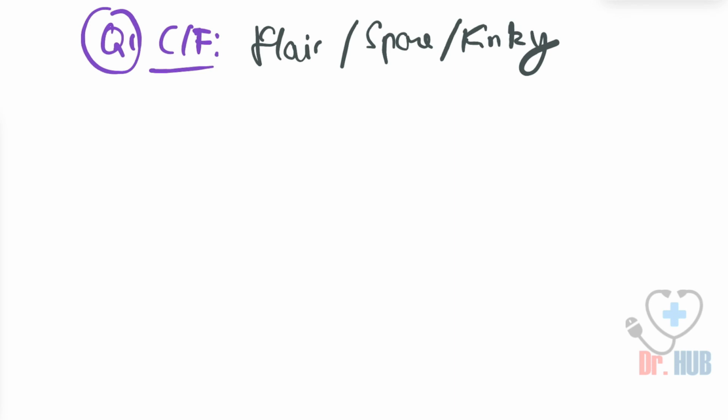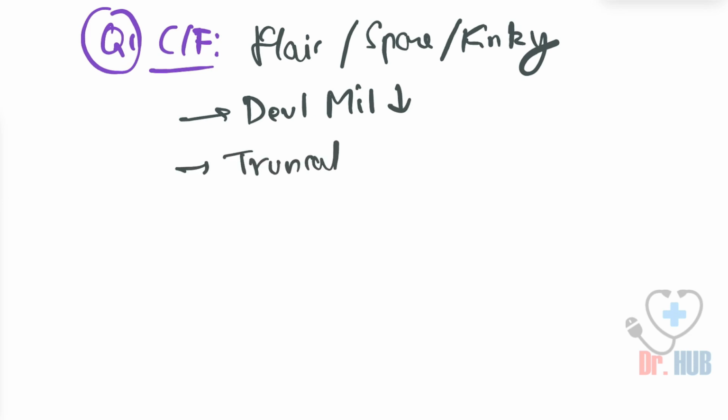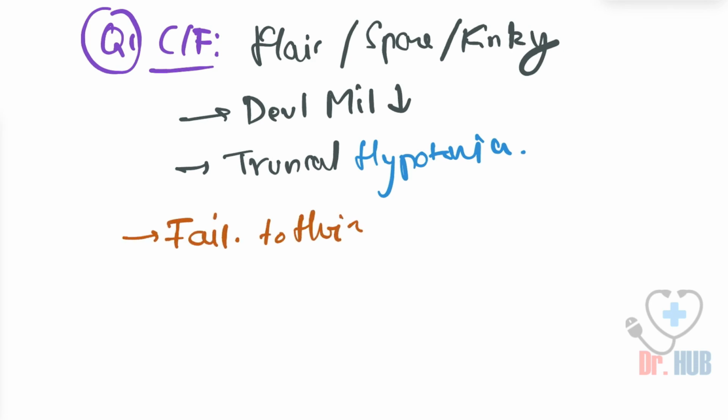Then we spoke about the developmental milestones. They are decreased. Then there is also truncal hypotonia. Next, there is also failure to thrive, and there is also epilepsy.